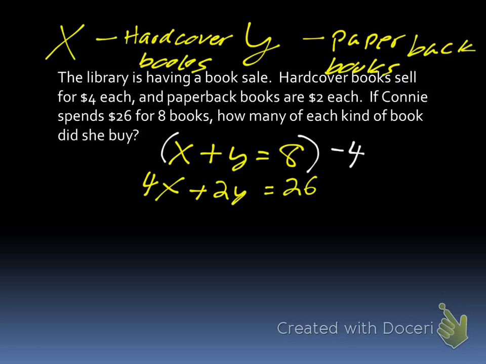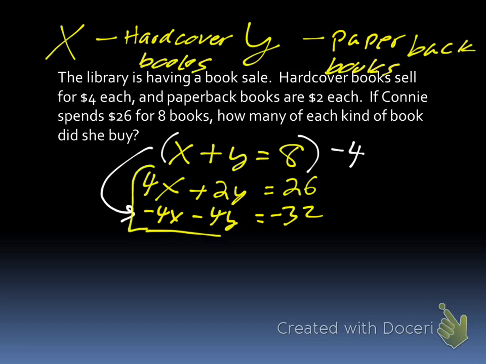So then let's multiply the top equation by -4 to get rid of x's. Bringing that down. Which gives you -4x minus 4y equals -32. Add them up. -2y equals what? -6, right? Which means divide by -2.